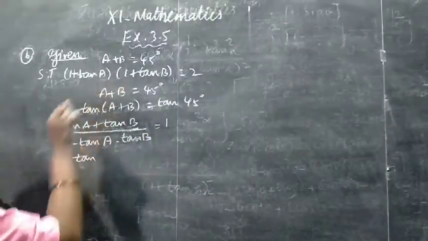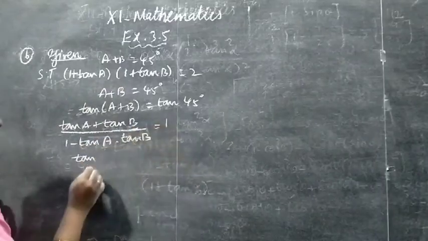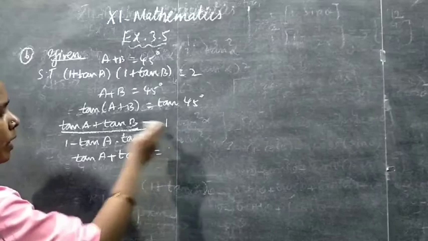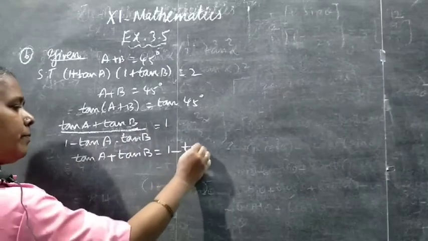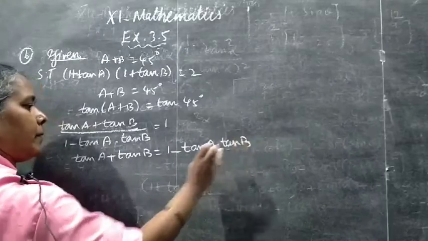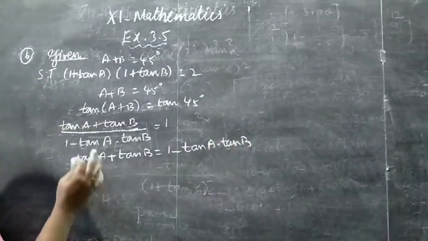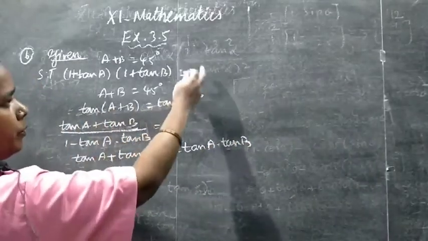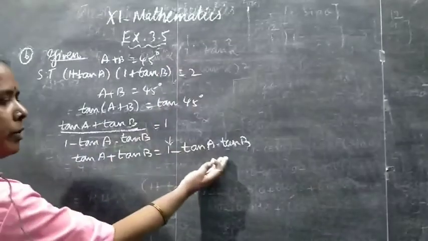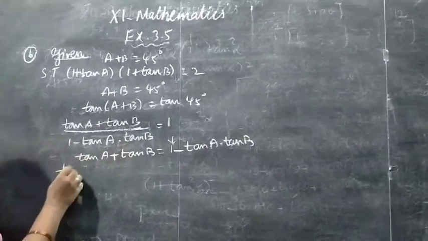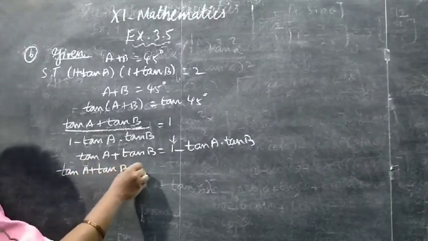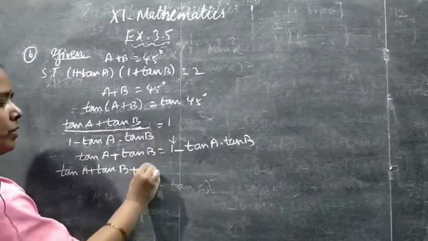Now cross multiply this. Since your proof is not a fraction, you are doing cross multiplication. 1 into anything is the number itself. Now the right hand side of your proof is just a number only, so I am going to keep this number alone here and bring this to the left side. Whatever already exists on the left side, write as it is, along with that.